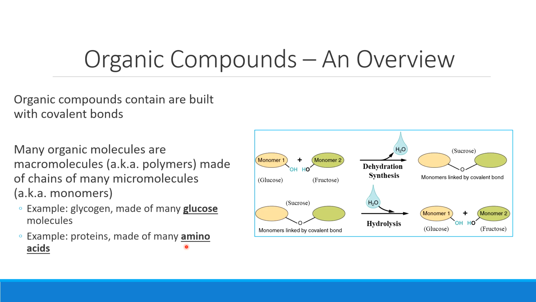We build carbohydrates with things like glucose, a monosaccharide. We build proteins with amino acids. All of this talk of building and breaking, it's the same kind of chemical reactions that we talked about before. So when we're building glycogen, when we're building proteins, this is that process called dehydration synthesis. Dehydration synthesis means I pull water out to build a new bond.